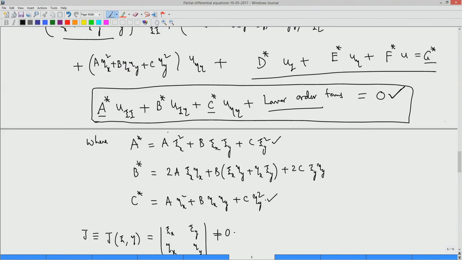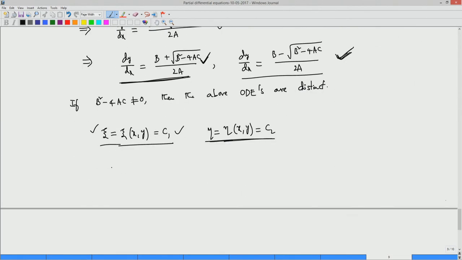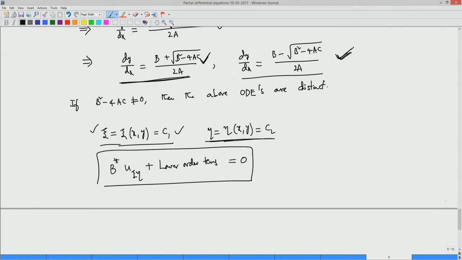What you end up with is B star u xi eta, because A star and C star I have chosen to be 0, plus lower order terms equal to 0. So this is the canonical form you are looking for.